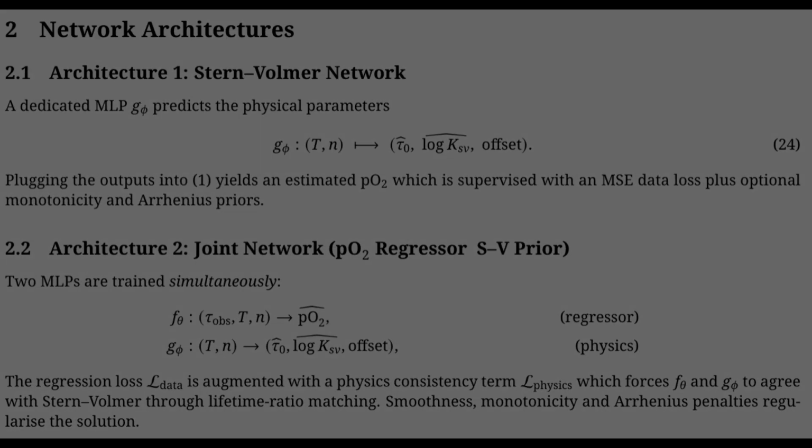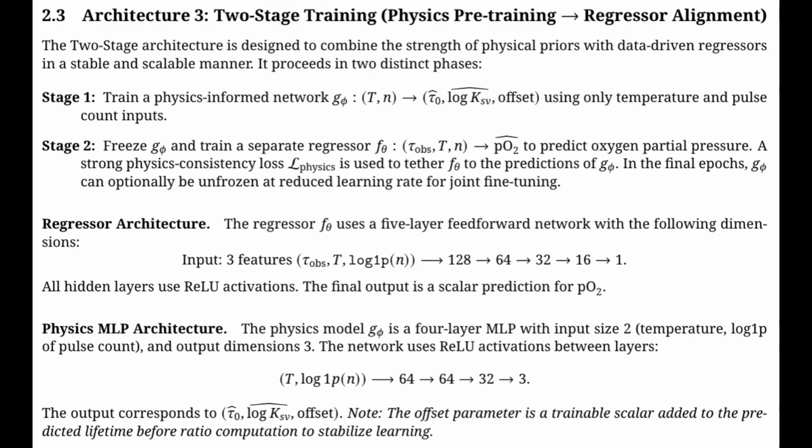In Architecture 3, I used a two-stage approach, which I ultimately selected for deployment. First, I train a physics model G5 to estimate tau 0 and log KSV using real data. Then I freeze it, and after that I train a separate regressor F data to predict PO2 from the observed lifetime, temperature, and pulse count, while I add a physics consistency loss to align it with the predictions of G5.